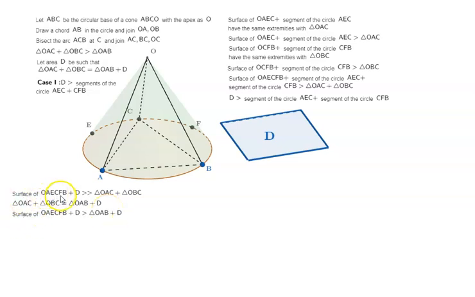So the surface of OAECFB plus D is greater than triangle OAB plus D.